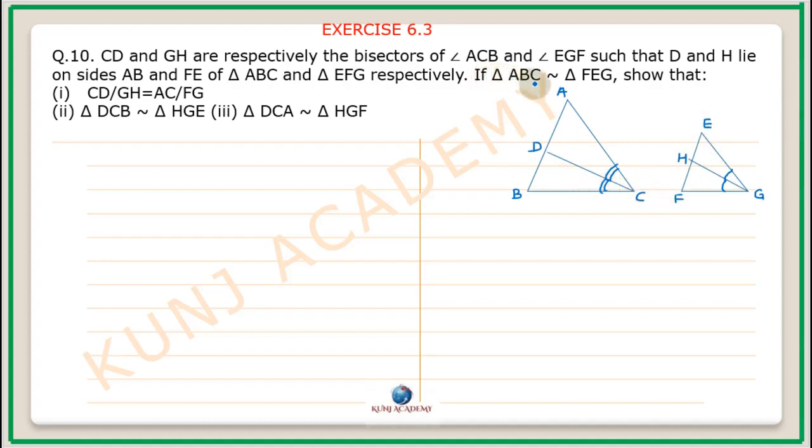If triangle ABC is similar to triangle FEG, then, number 1, CD upon GH is equal to AC upon FG.